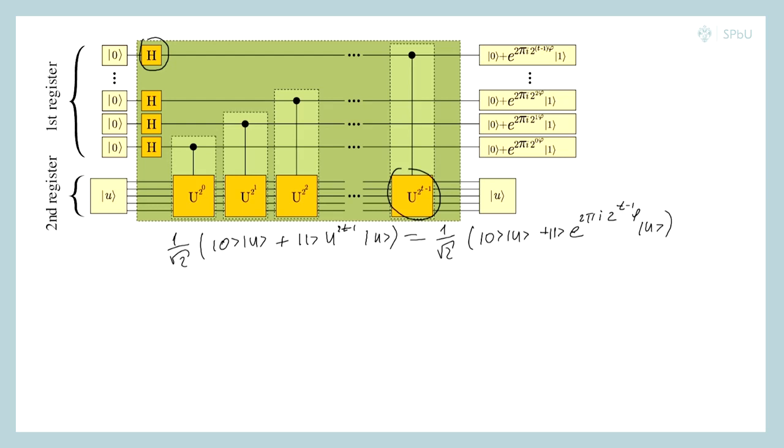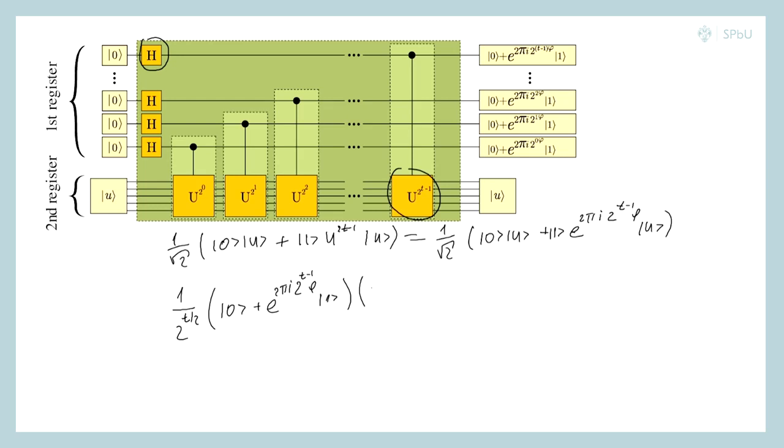So, if we consider all the unitary transformations that are shown on the scheme, we obtain 1 over 2 to the power of t in half, state 0 plus e to the power of 2 pi i, 2 to the power of t minus 1 on the phase phi, the state 1.